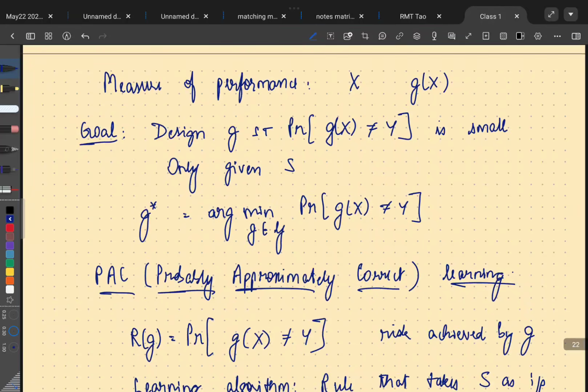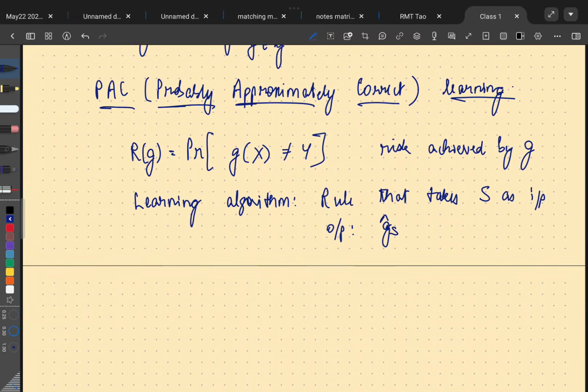Again, my end goal is to minimize this particular risk. But remember, I don't know the value of the risk, because the definition of this risk depends on the distribution. I don't know the distribution. All I have are IID samples. So we put the data points that are available with us, and then we see whether our particular function is matching the y output or not.